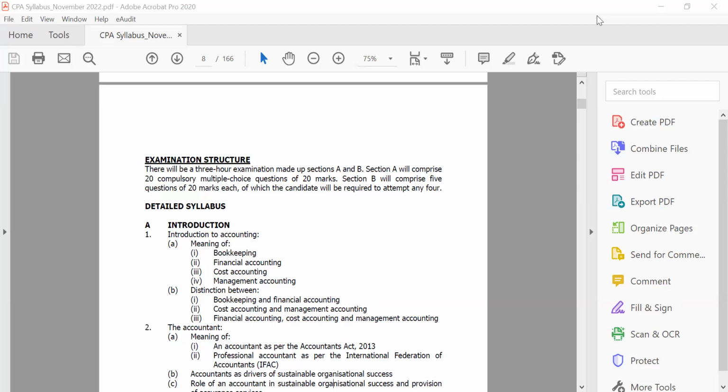So how is that different from bookkeeping? Now, bookkeeping is the day-to-day recording of transactions. When a customer comes and purchases goods from the organization, we record something within our sales day book if they are sales on credit, or we record items within our cash book if they have paid us cash.